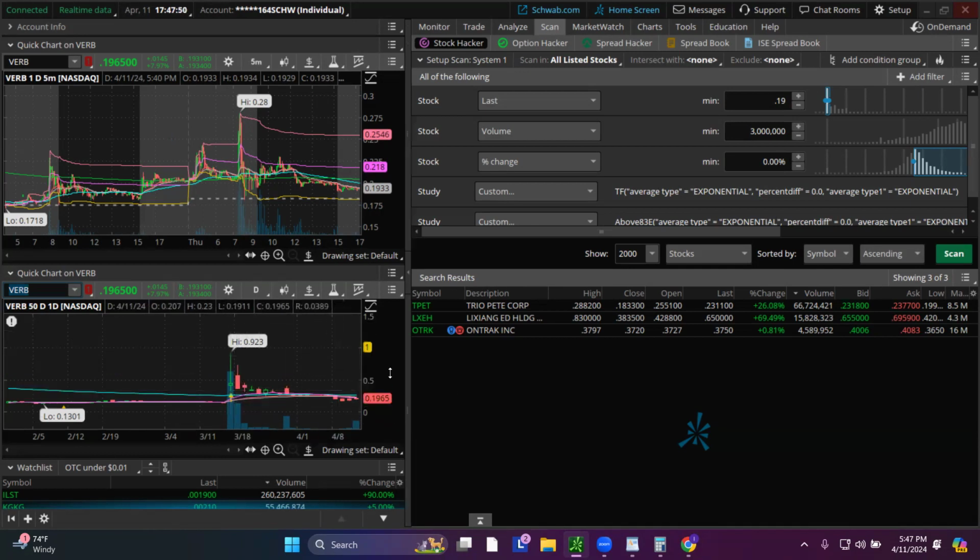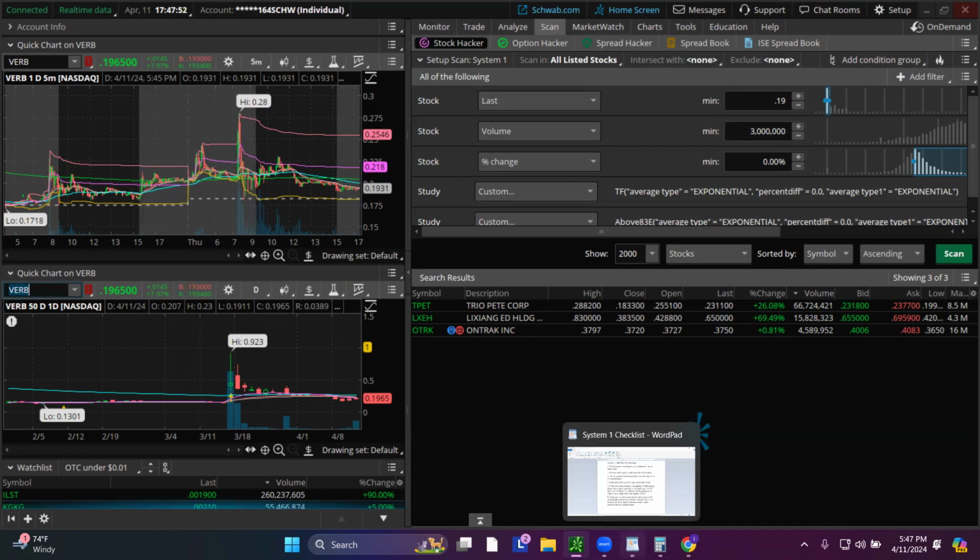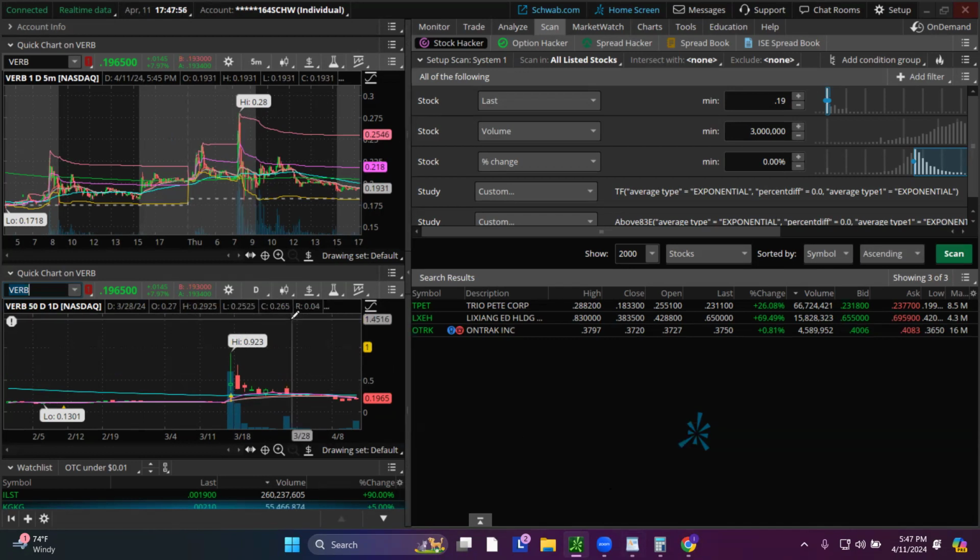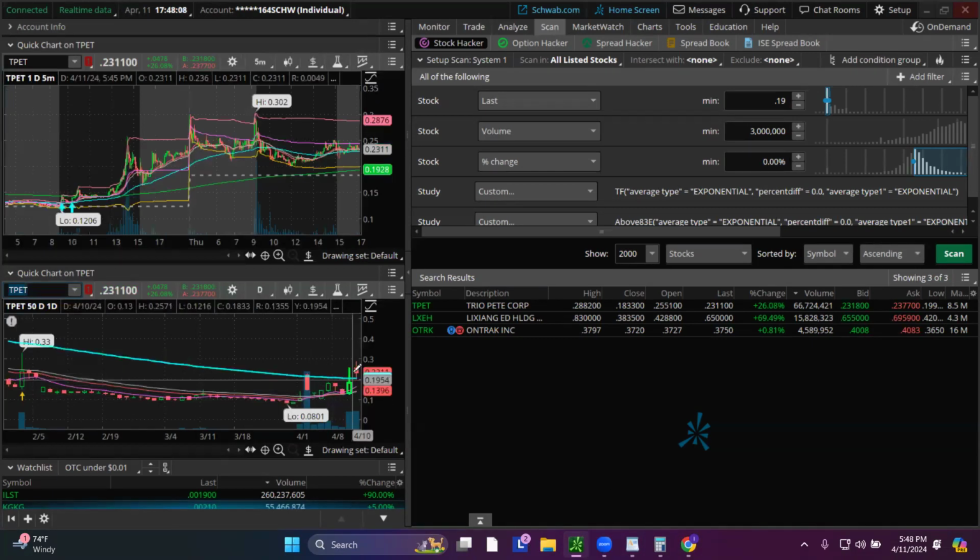Very, very nicely. But that is system one, and I have given you the ideals. If it gaps above the 83, I expect it to do much more percentage very quickly as opposed to fitting the checklist for system one and it starting beneath the 83 MA.